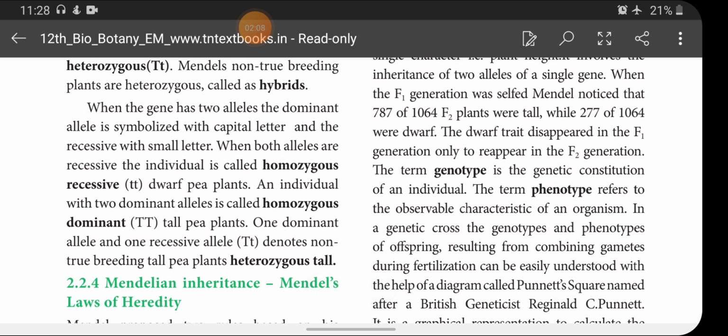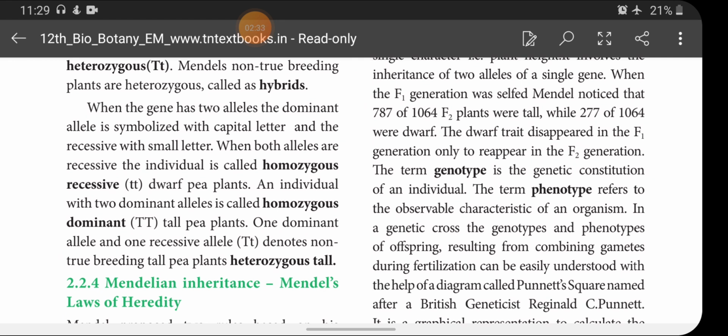When the gene has two alleles, the dominant allele is symbolized with a capital letter and the recessive with a small letter. When both alleles are recessive, the individual is called homozygous recessive, the dwarf pea plant. An individual with two dominant alleles is called homozygous dominant, capital T tall pea plants.